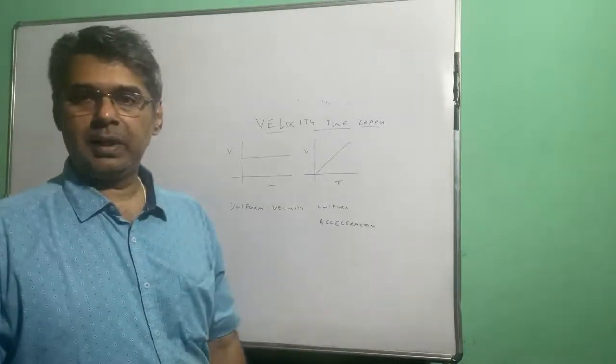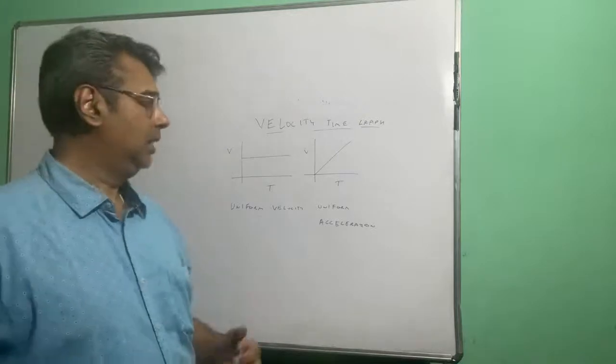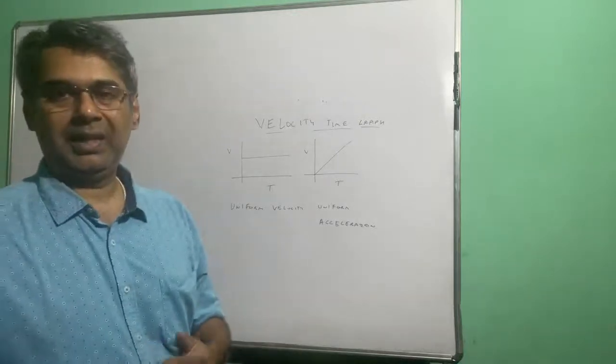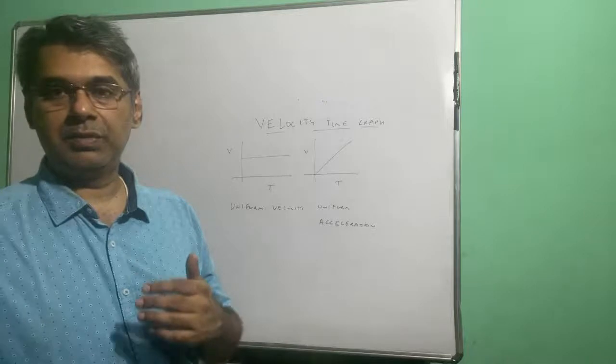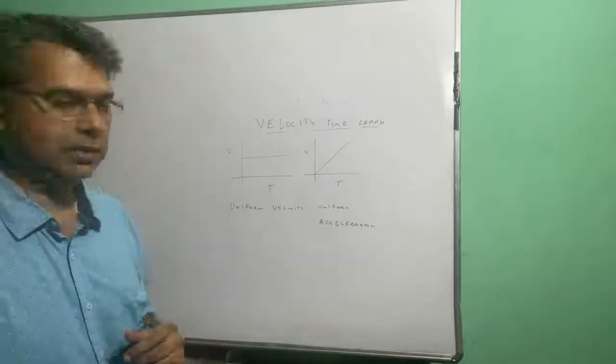In velocity time graph, there are two calculations. One is that the slope gives the acceleration, and the other is that the area gives the displacement. So there are two calculations you can do.